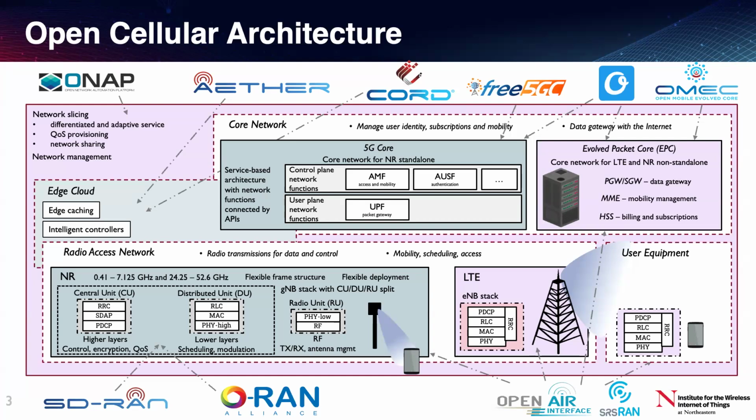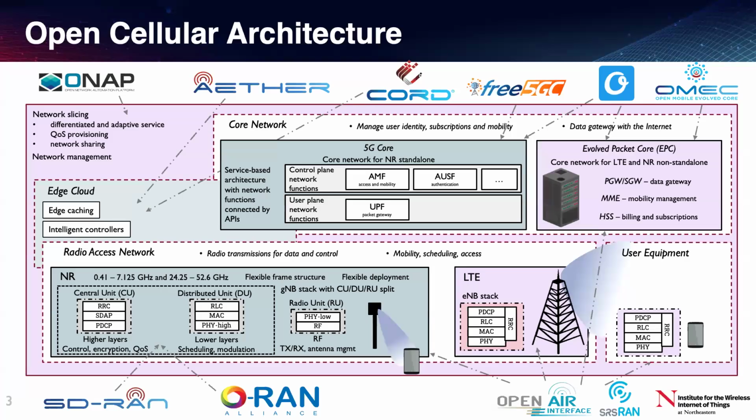We have some software that takes care of the control. For example, what you see here as SD-RAN or software provided by the O-RAN Alliance can be used for the control of the network. They can implement the RICs that are interfaced with the CU and DU, and they can host the intelligent applications that I was mentioning.